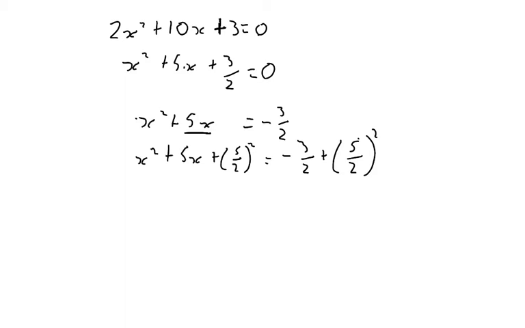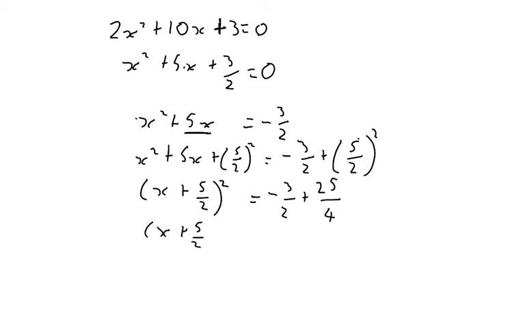So that becomes a perfect square, so we're left with x plus 5 over 2 all squared equals minus 3 over 2 plus 25 over 4, because 5 squared is 25, 2 squared is 4. We have to add those fractions up.